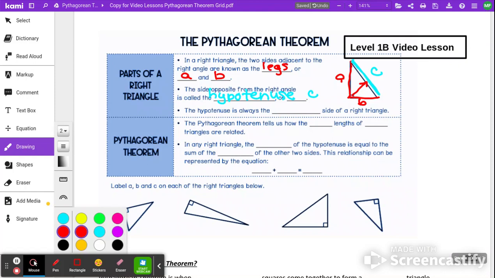The hypotenuse is always the opposite side. The hypotenuse is always the longest side of a right triangle.